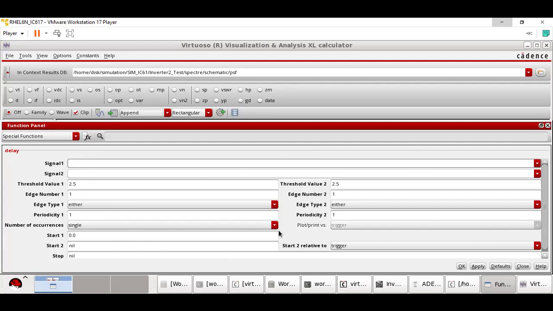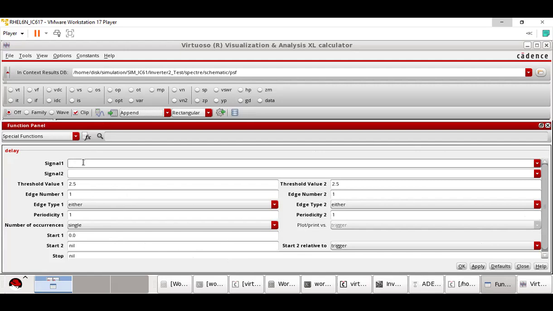It is very important to understand what these windows say, so that you can do the things on your own. Now this first is signal 1, second is signal 2. The signal 1 is your input signal, signal 2 is your output signal, right? Then threshold value.